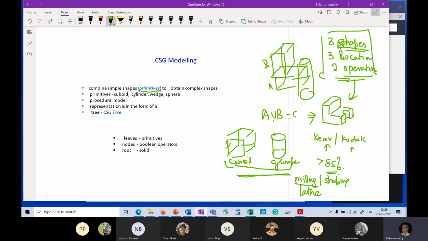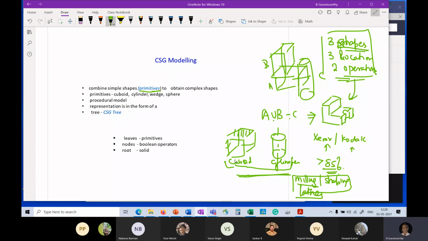A milling machine can only produce planar faces, of the type here, and a lathe can only produce axisymmetric parts of the type here. And that is why it was no surprise that most parts that would have been in vogue at that time would have to be made either by milling or lathe, and therefore their surfaces would either be planar or cylindrical, which is why 85% of the parts could be made using the block and the cylinder.